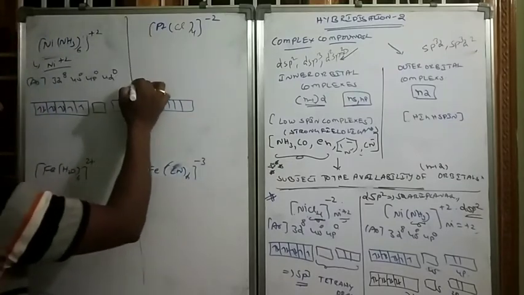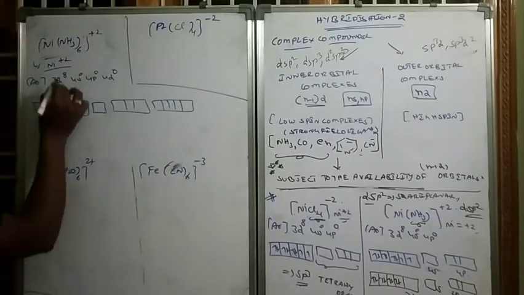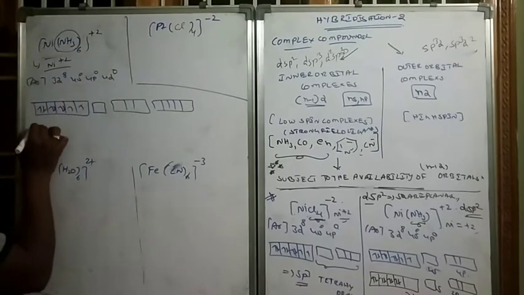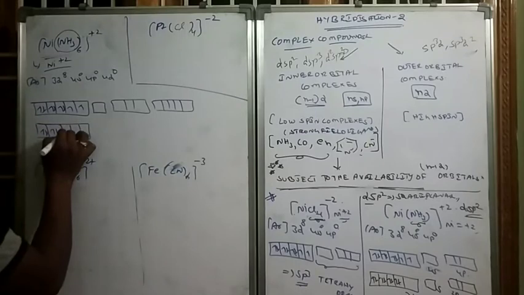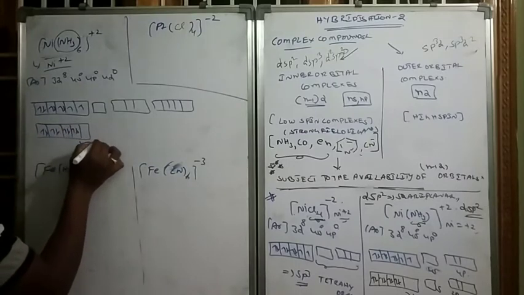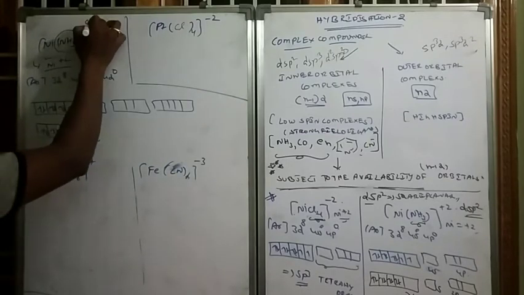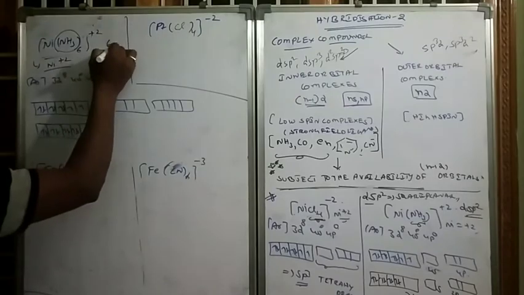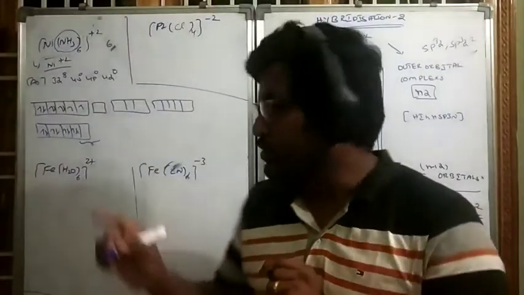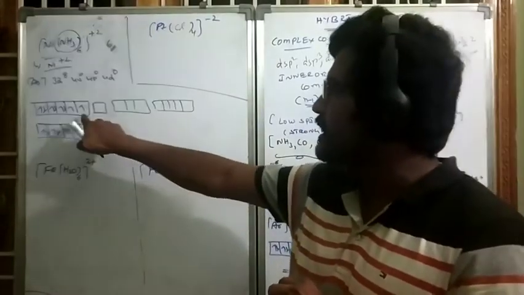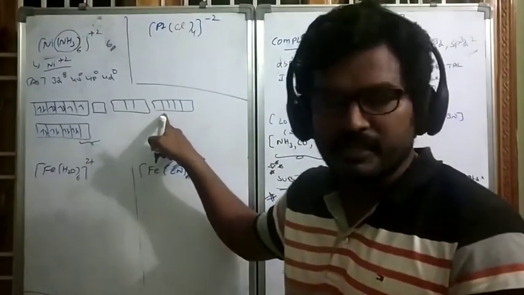Here I am not going into the platinum complex. So see, because of ammonia, they get paired up, 1, 2, 3, 4, 5, 6, 7, 8. One d orbital is available, but you need 6 hybrid orbitals. You can say 1d from here, 1d from there. That is not possible.